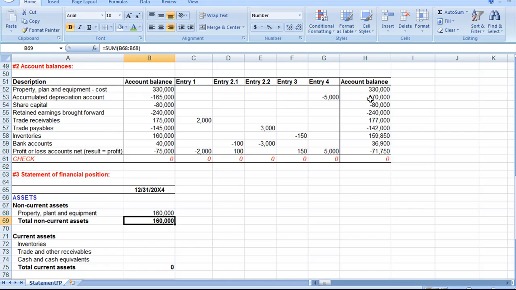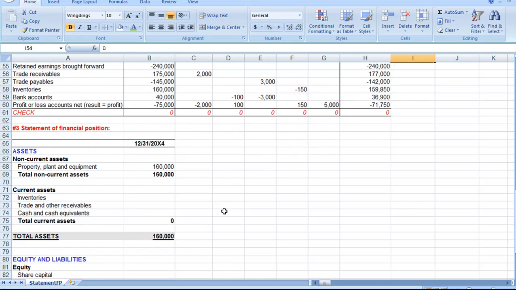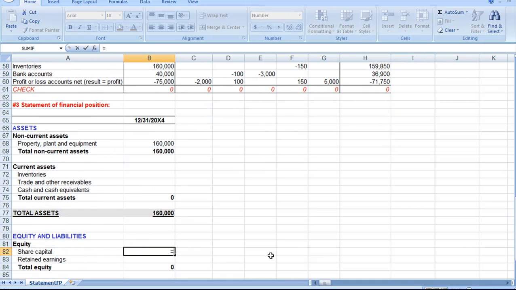Their net total is 160,000. And let me just make a small green tick next to the account balance to show that we have dealt with that, okay? Share capital goes to equity under the heading share capital.